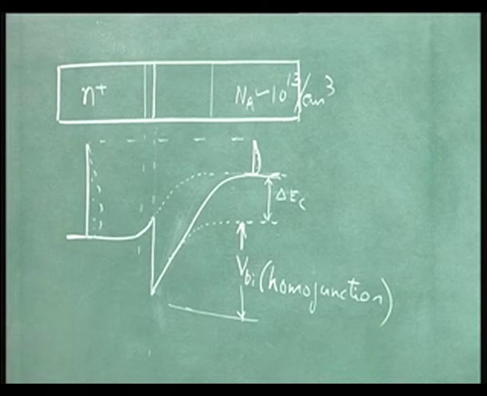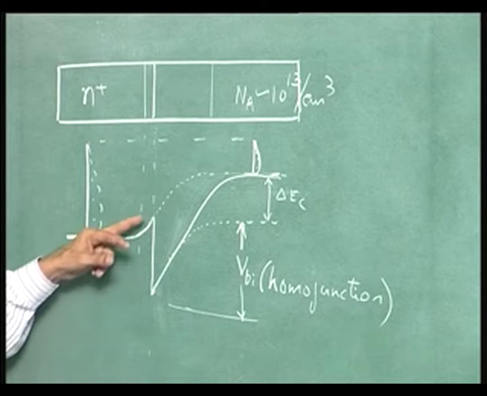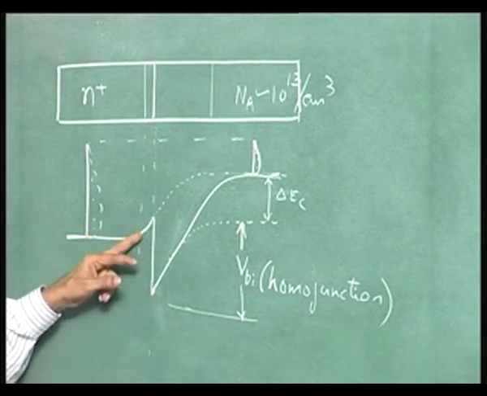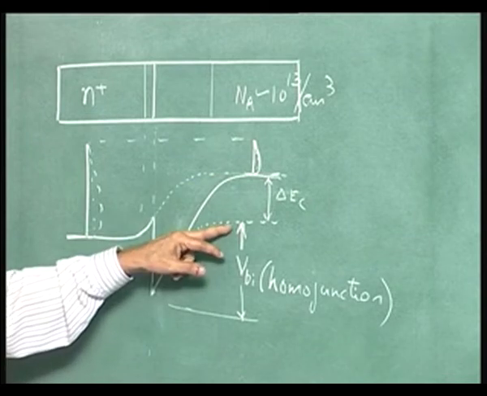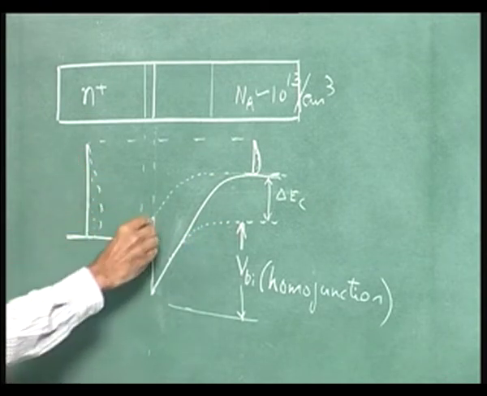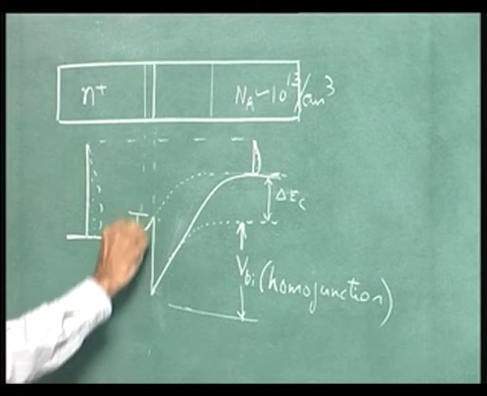Now, because of the notch, see what we are saying now is, because of this notch, if the built-in potential were the same thing, I put the dotted line here.